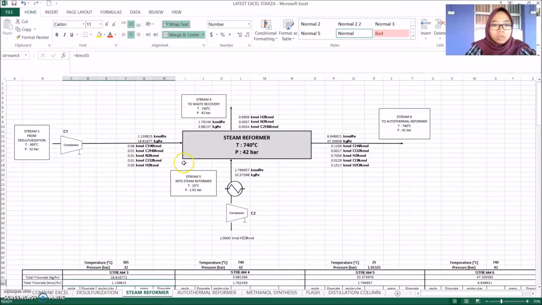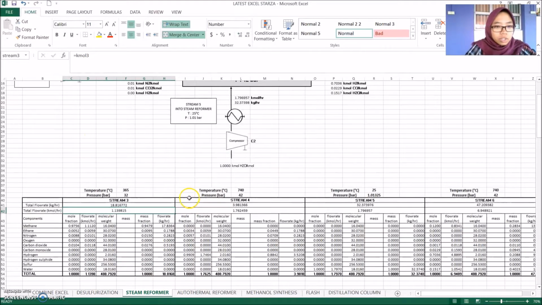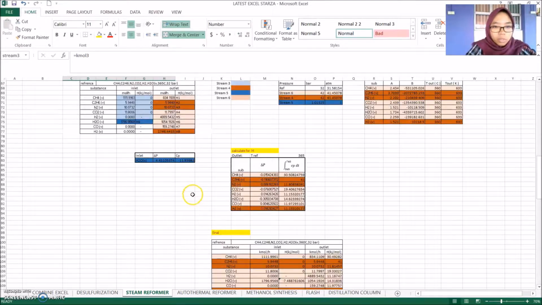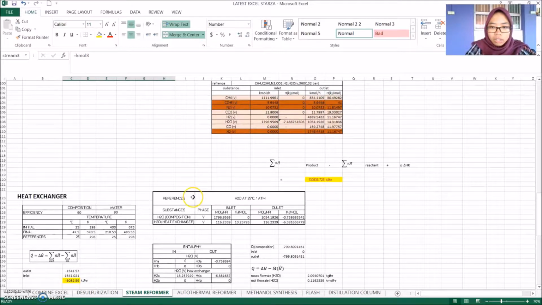Okay, next I will talk about the steam reformer. Steam reformer has two compressors and one heat exchanger and the unit itself. For the steam reformer unit, heat needed is 130835.725 kilojoule per hour.